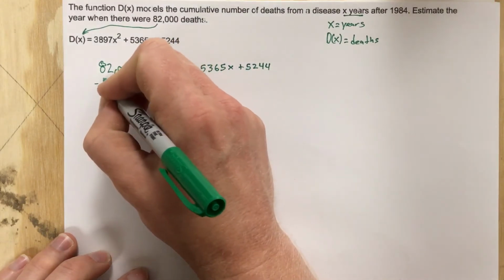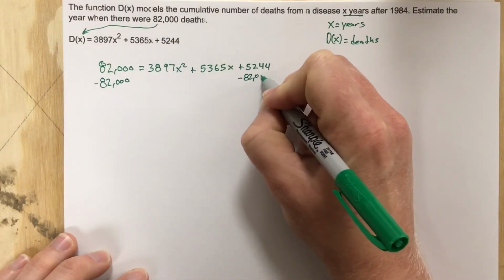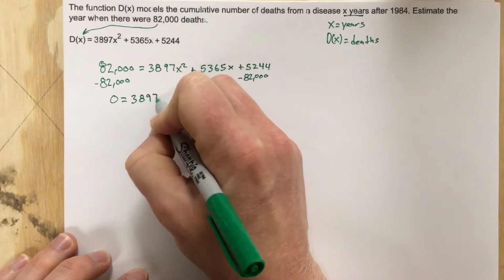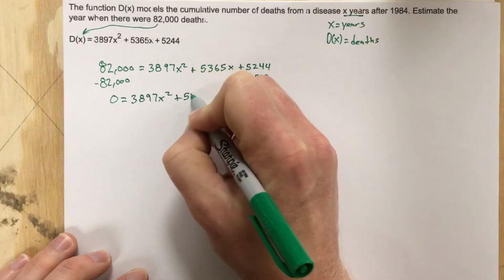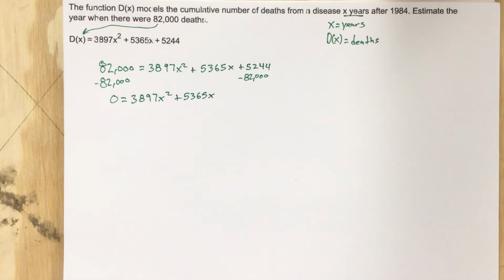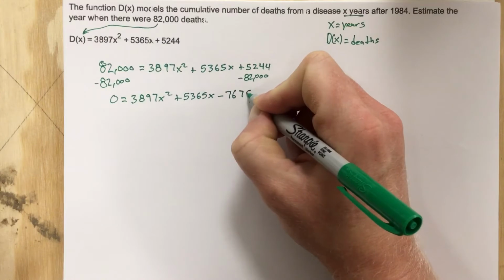So when I subtract the 82,000 over, this gives you 0 equals 3,897 x squared plus 5,365 x, and then this will be minus, let me plug it into a calculator here, 5,244 minus 82,000. Negative 76,756.